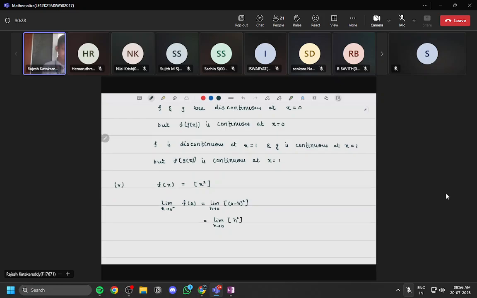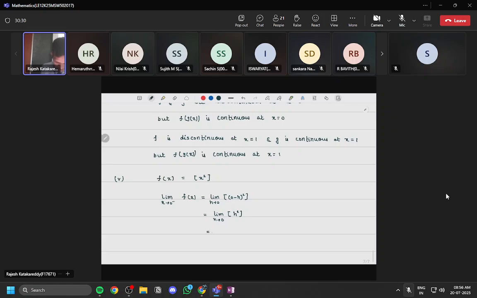You can directly substitute here, you will get 0 in this case. And then right hand limit, x approaching 0 plus f of x, will be equal to limit h approaching 0 greatest integer of (0 plus h) whole square, which is limit h approaches 0 greatest integer of h square. So that is again 0.